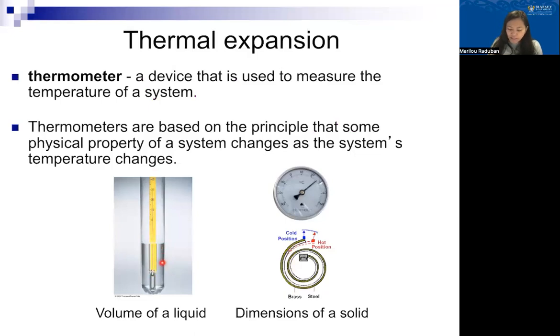The liquid inside the thermometer expands faster than the glass, so if the temperature increases, the liquid inside expands and goes up to that point.